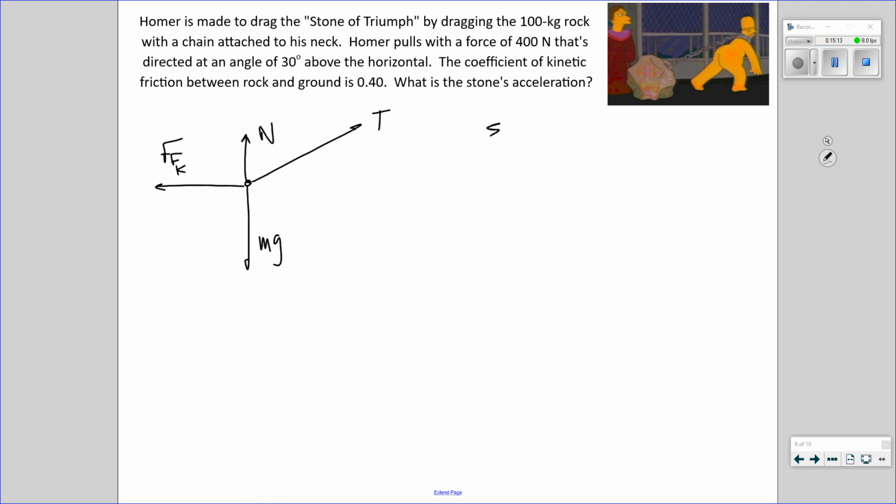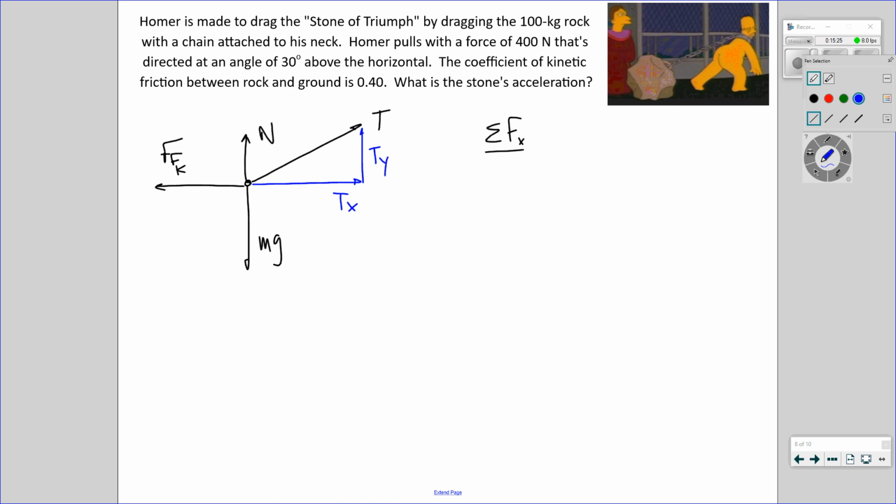All right, we want to find the stone's acceleration. So we're going to say net F in the x direction. I'm going to go ahead and add components of T in each of two directions. I'll put this Ty here. Sometimes I would put it over here, but I don't want to put it right on top of that normal force. Okay, and here's angle theta.